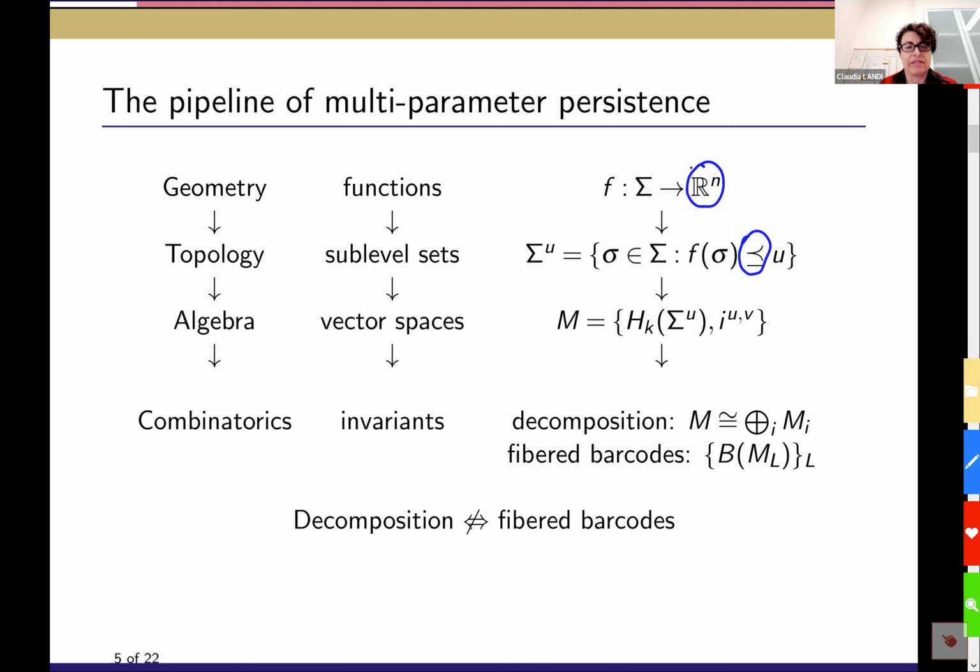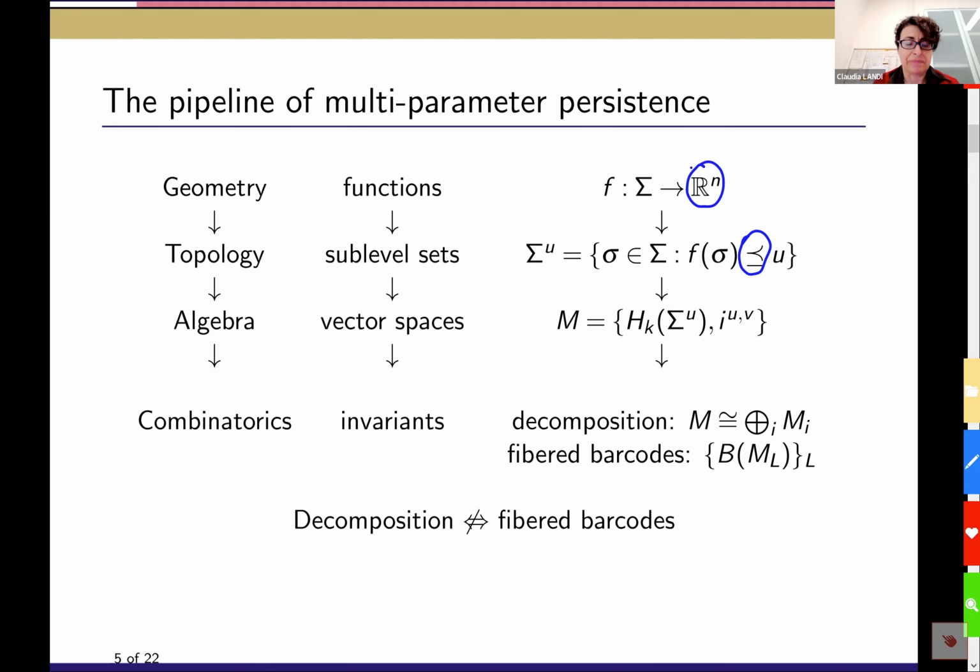So the invariants that we get from the decompositions are not equivalent to the invariants we get by slicing the persistence module along lines. I will describe more in detail later how we get them. The former are stronger invariants, are complete. Indeed, the latter are not.